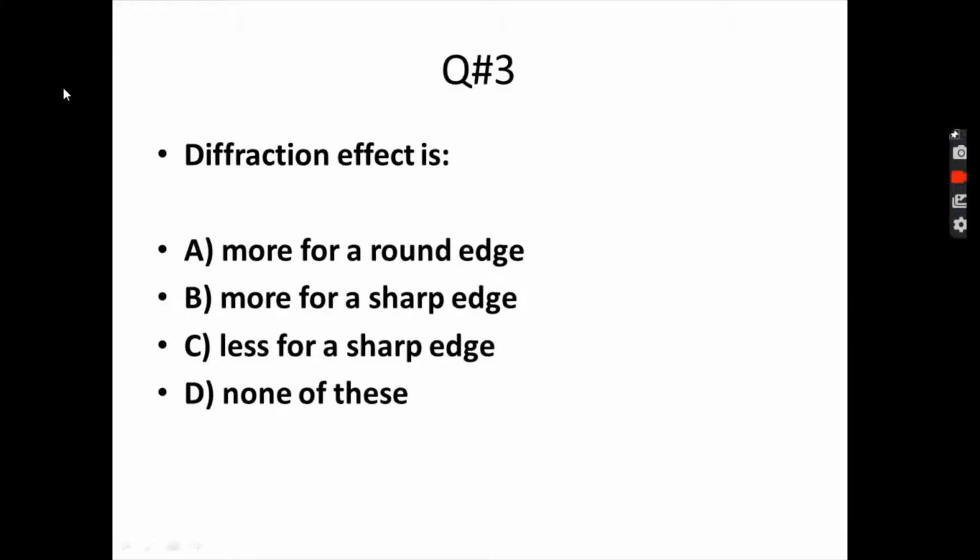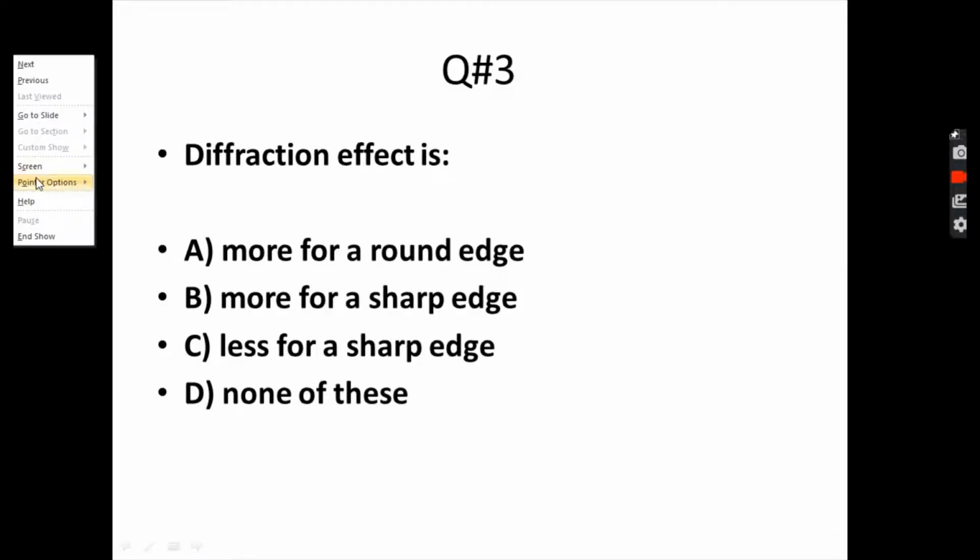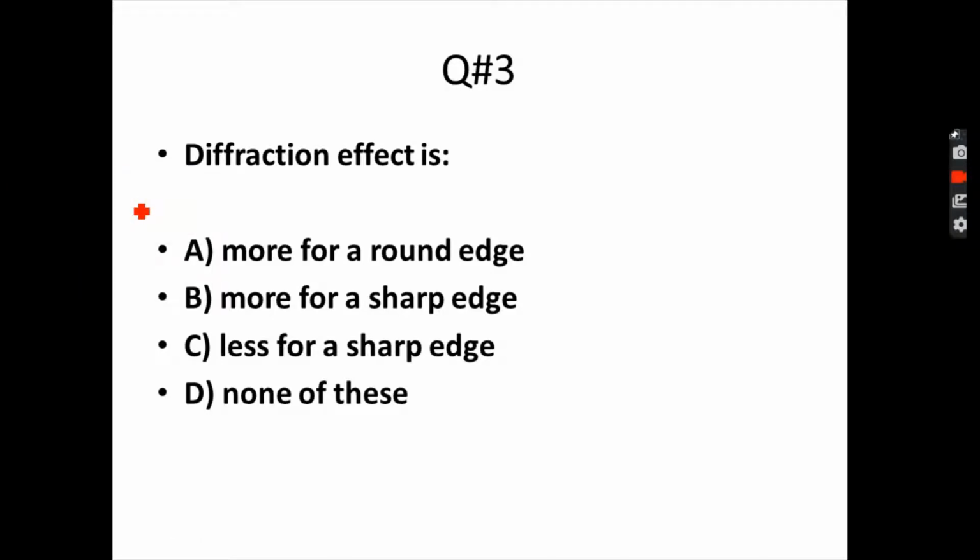Diffraction effect is, the options are more for a round edge, more for a sharp edge, less for a sharp edge, or none of these. First of all, you need to understand what are the possible conditions. There are three possible conditions.